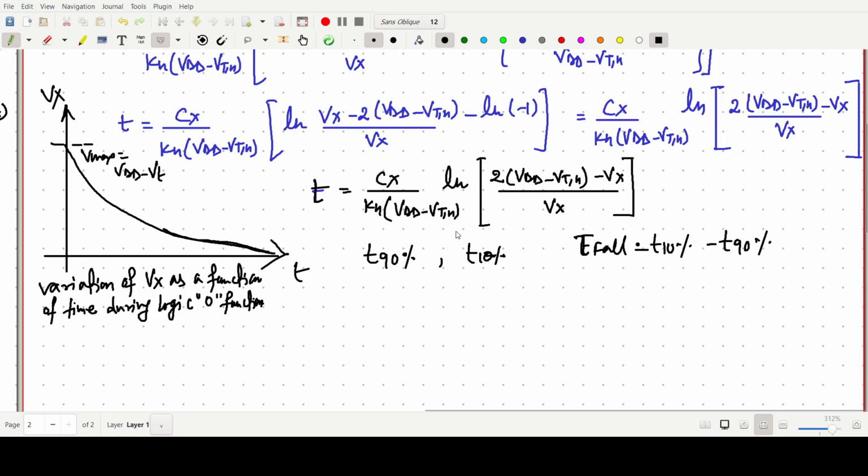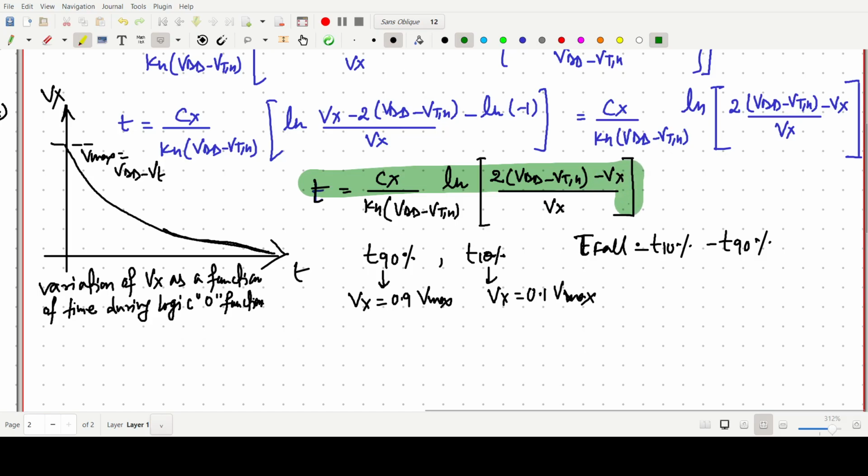This can also be found: at t 90% the node voltage, that is our Vx, will be 0.9 times Vmax. At t 10% the Vx value will be 0.1 times Vmax. So you can find the fall time by using this same formula.